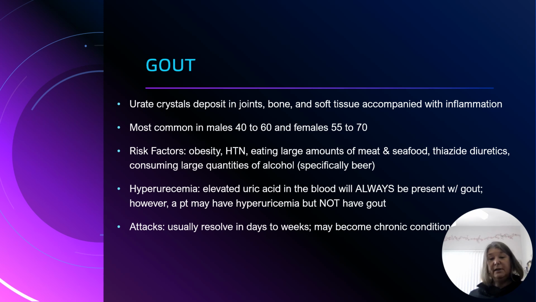And what happens is the purine ends up increasing uric acid production. Uric acid then turns into crystals that gather in the joints and cause these gout flare-ups, okay? Gout can also be caused by use of thiazide diuretics.